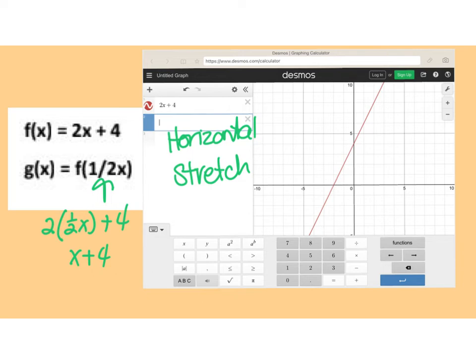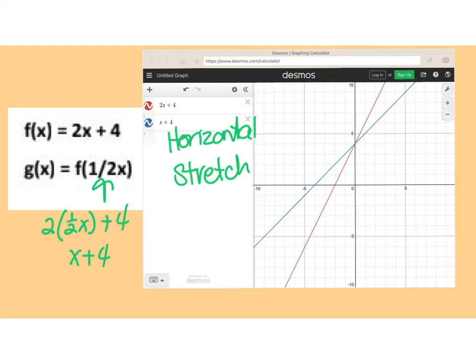It's going to be pulled away from that y-intercept. So here we go, x plus 4. It's a little bit flatter, so it's getting pulled out in this direction and in that direction. It's getting stretched out horizontally from left to right. It's getting stretched. It's flatter.